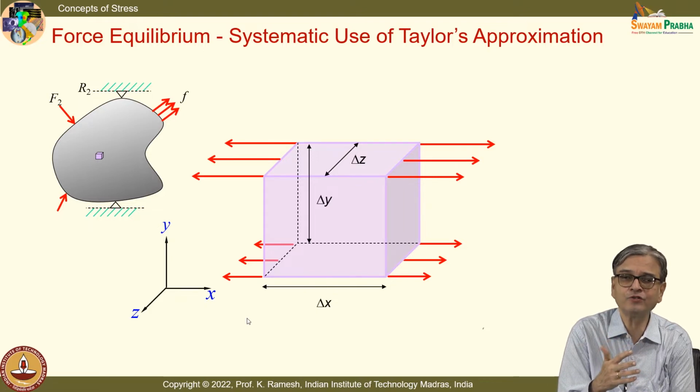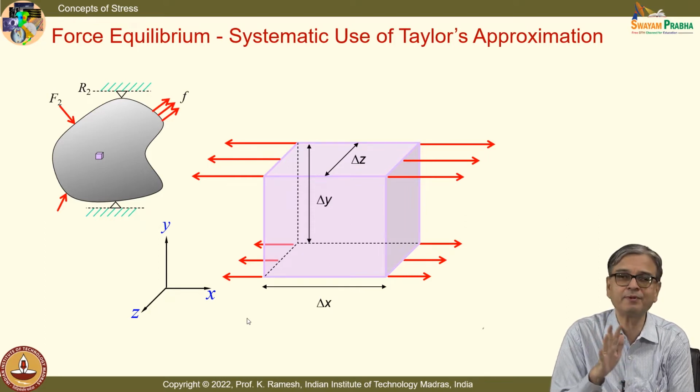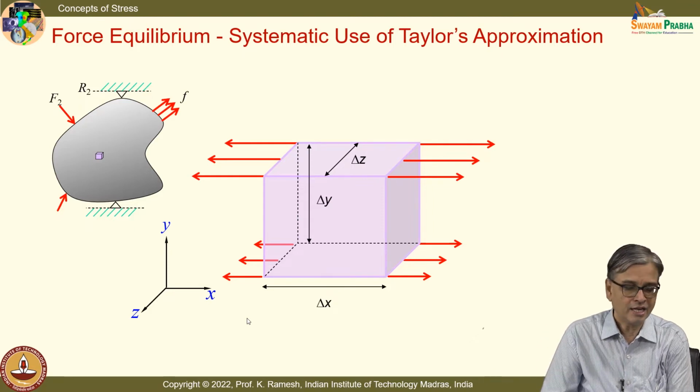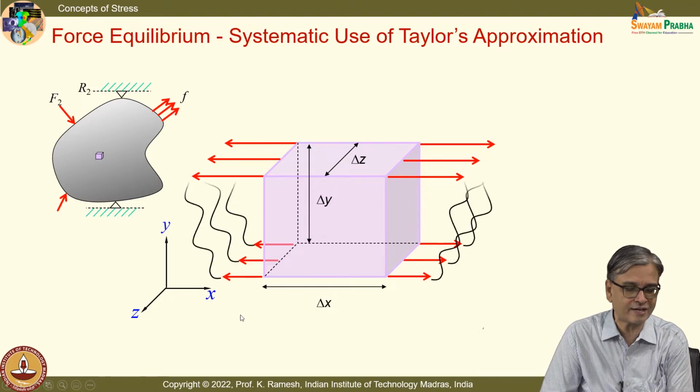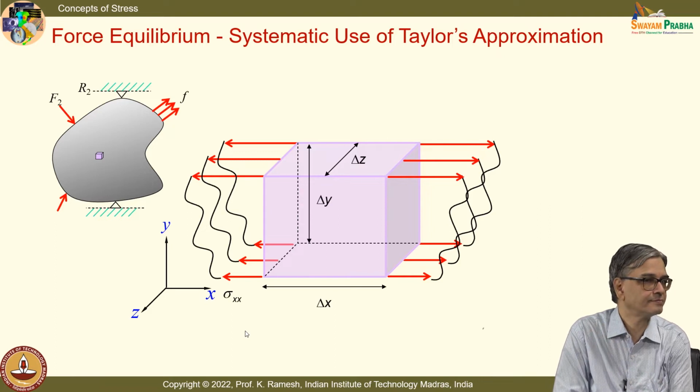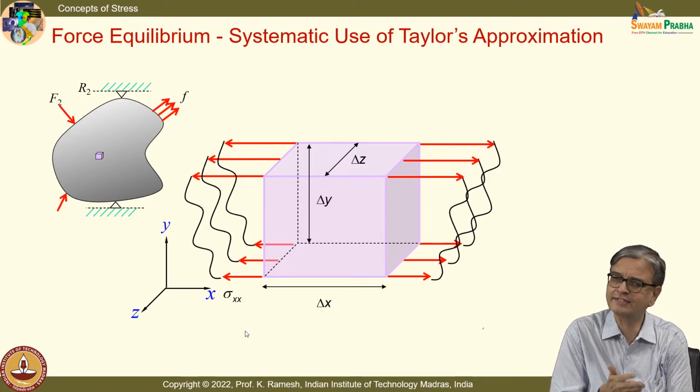To get the force, we only know what is the stress component acting. If I put the stress component correctly, multiplied by the area, I get the force. Fine. Now what I am saying is, on this surface, let us say that I have the stress component as sigma xx. That's fair enough, because it is the negative x-axis and the negative direction is positive. So I have put the stress direction correctly.